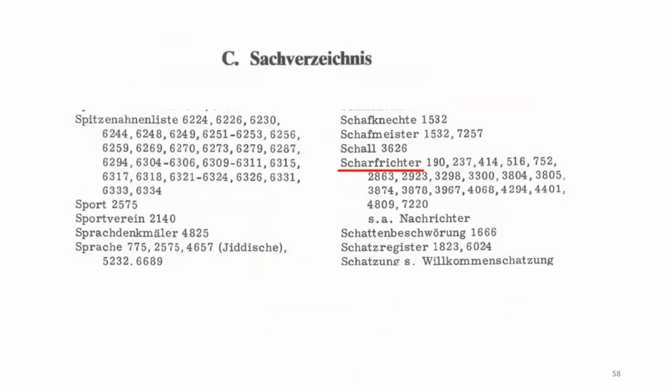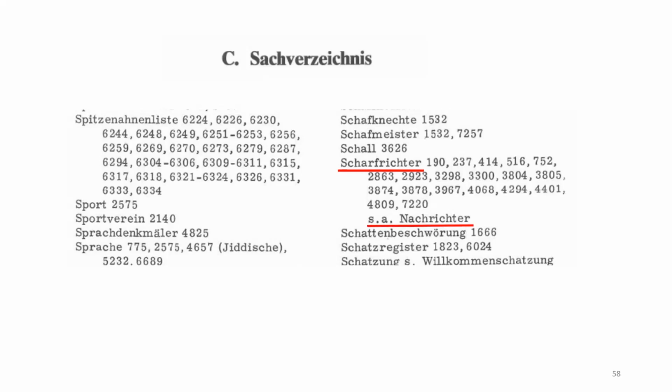And Scharfrichter means executioner. This is an occupation that is found everywhere and yet not in every town. It is an occupation that often stays in the same family, generation after generation. It is an occupation that's not just to execute people. Farmers would hire executioners to come over to slaughter their cattle.